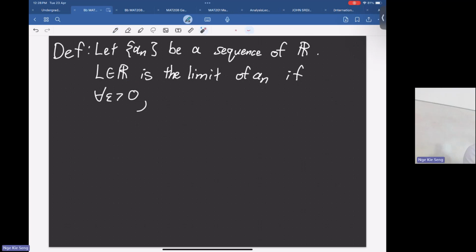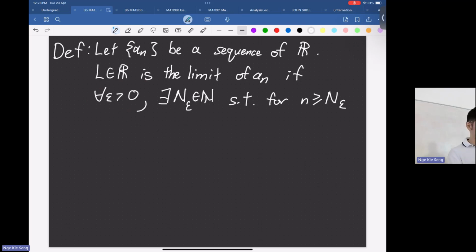We don't take epsilon to be zero, it's any positive epsilon, such that there exists a natural number N. This N might depend on epsilon. So I give you an epsilon, this N can change, maybe. Such that for all n greater than or equal to N(epsilon), what do you get? The term a_n minus the limit is less than epsilon.